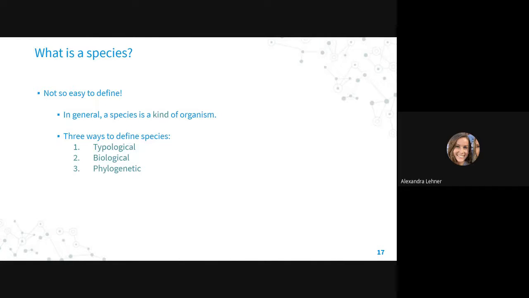So what is a species? Not so easy to define. In general, a species is a kind of organism. We can define them in three ways: typological, biological, phylogenetic.